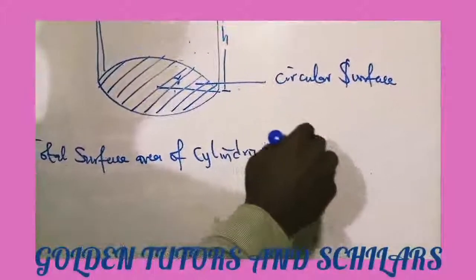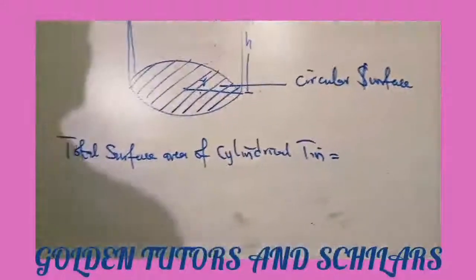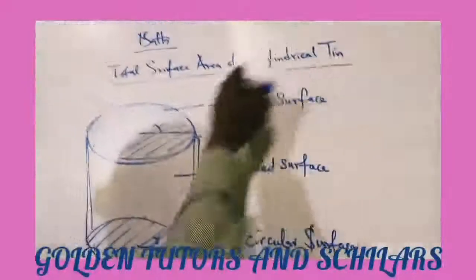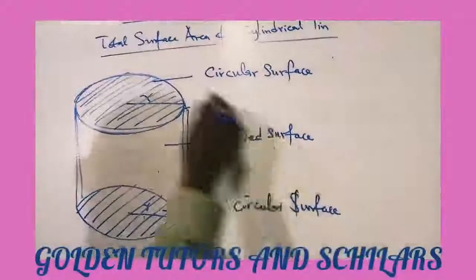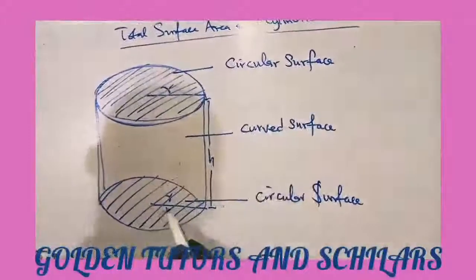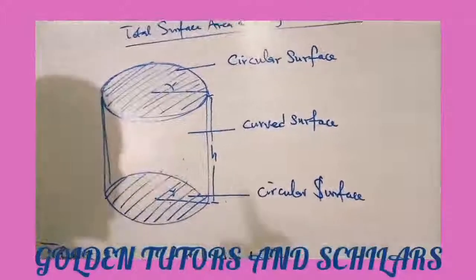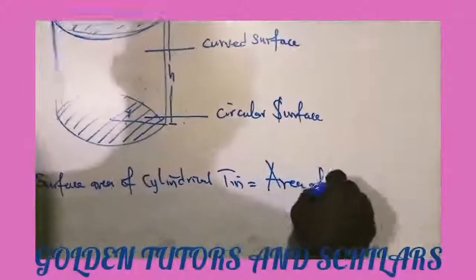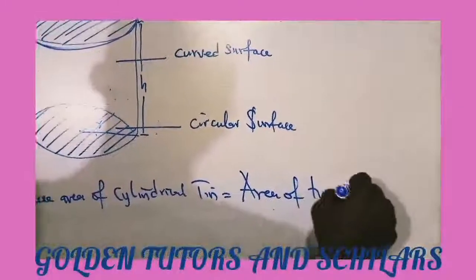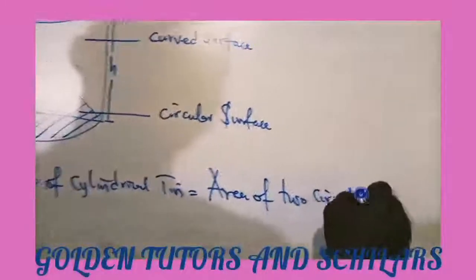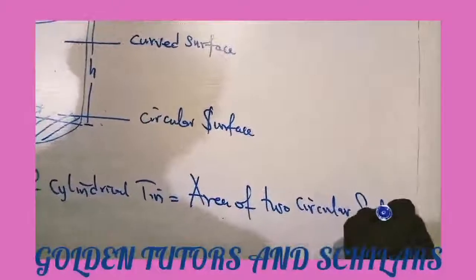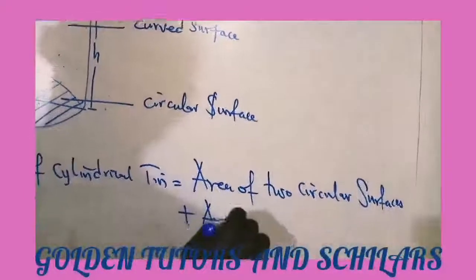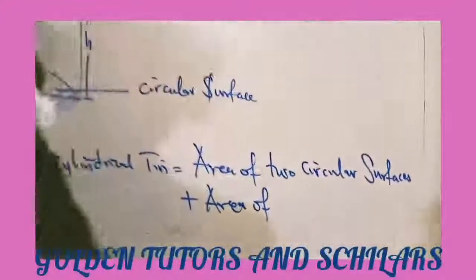the total surface area of this cylindrical tin will be the area of the two circular surfaces. We have a circular surface here and another circular surface here. So we have area of two circular surfaces plus area of the curved surface.